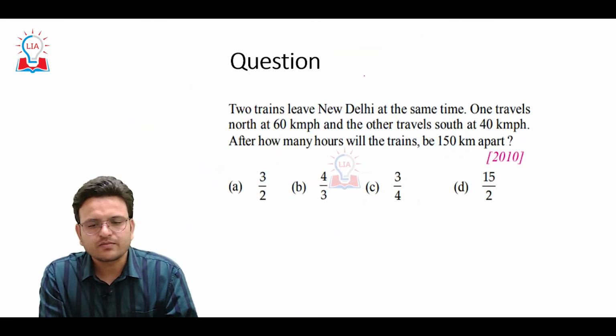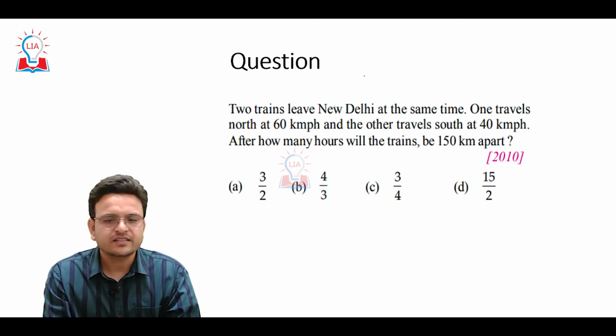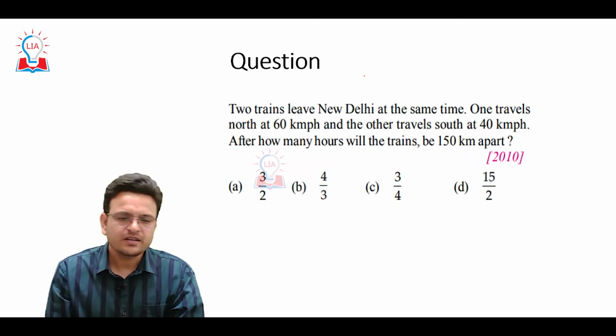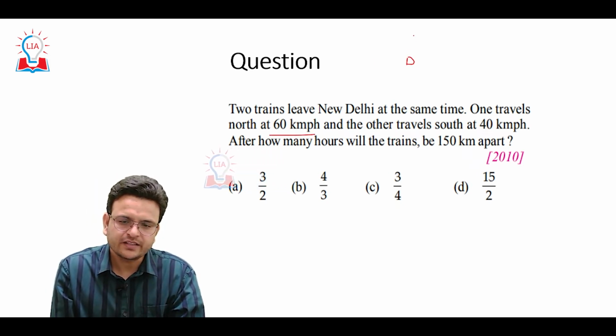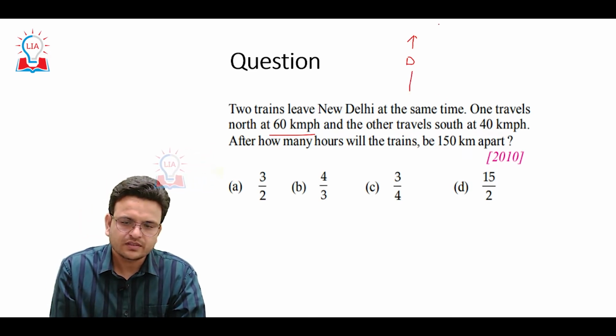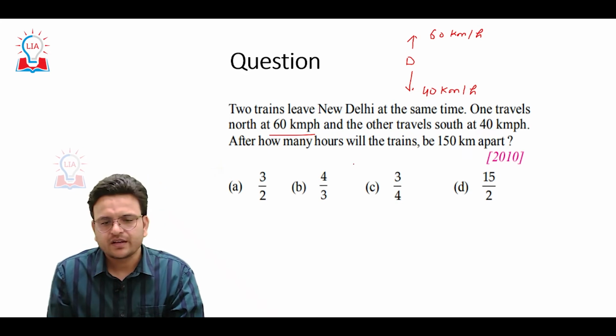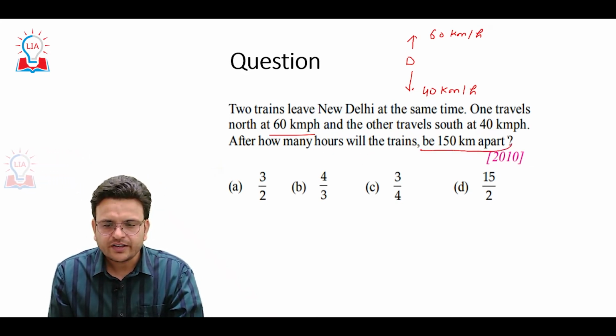Now come to one more question, that is a very easy question. Two trains leave Delhi at the same time. One travels north at 60 km per hour, the other travels south at 40 km per hour. After how many hours will the trains be 150 km apart?